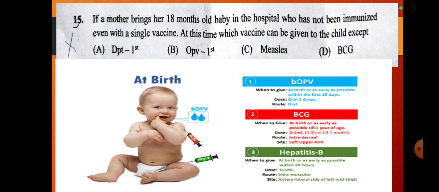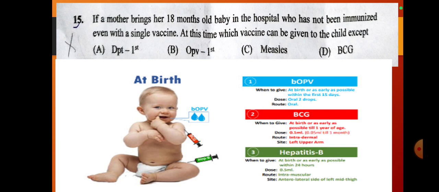At birth we have to give the 0 dose polio vaccine, BCG and the birth dose of hepatitis B. BOPV means bivalent oral polio vaccine. The bivalent oral polio vaccine is given at birth or as early as possible within the first 15 days and the dose is oral 2 drops.